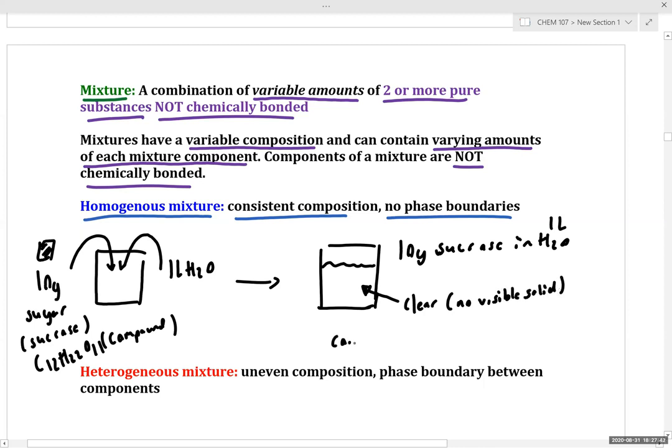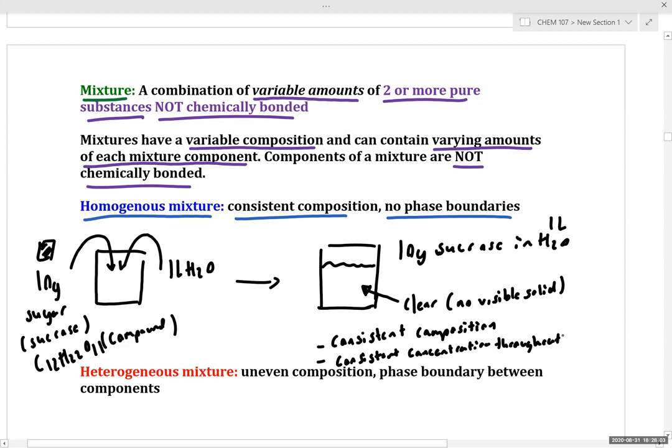It has a consistent composition, and it has a consistent concentration throughout.